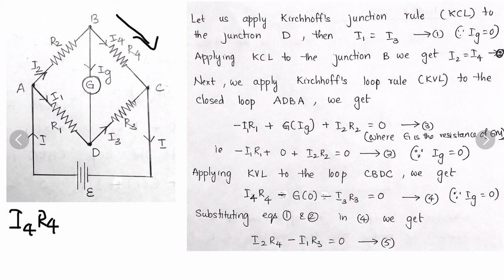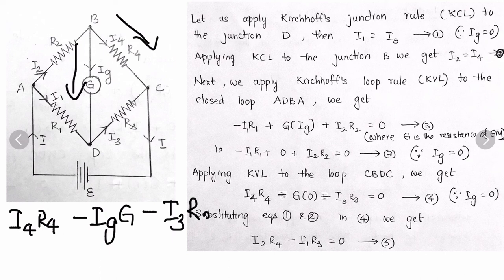But what happens here? I4 R4 is in the clockwise direction, so it is taken as positive. But the galvanometer current Ig is in the anti-clockwise direction, so we are taking it as minus Ig into the resistance of the galvanometer G, and I3 R3 is also opposite to the direction, that is anti-clockwise, so we are taking it as negative, that is equal to 0.